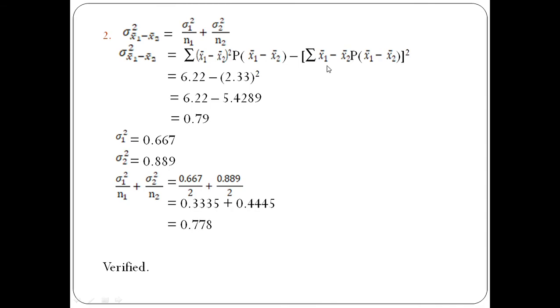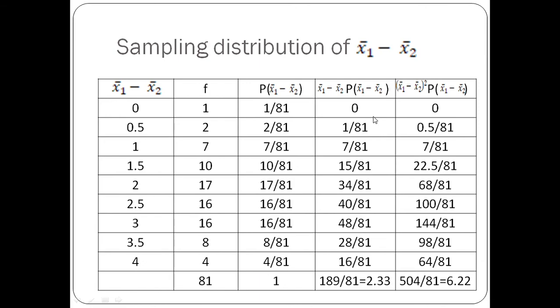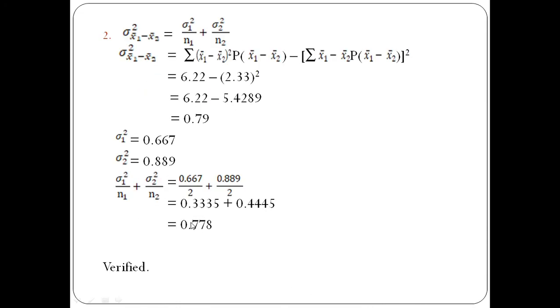We have already got both values from the table. The summation of this column is 6.22, and the summation of this column is 2.33. I put the values here and found the answer, which is 0.79.